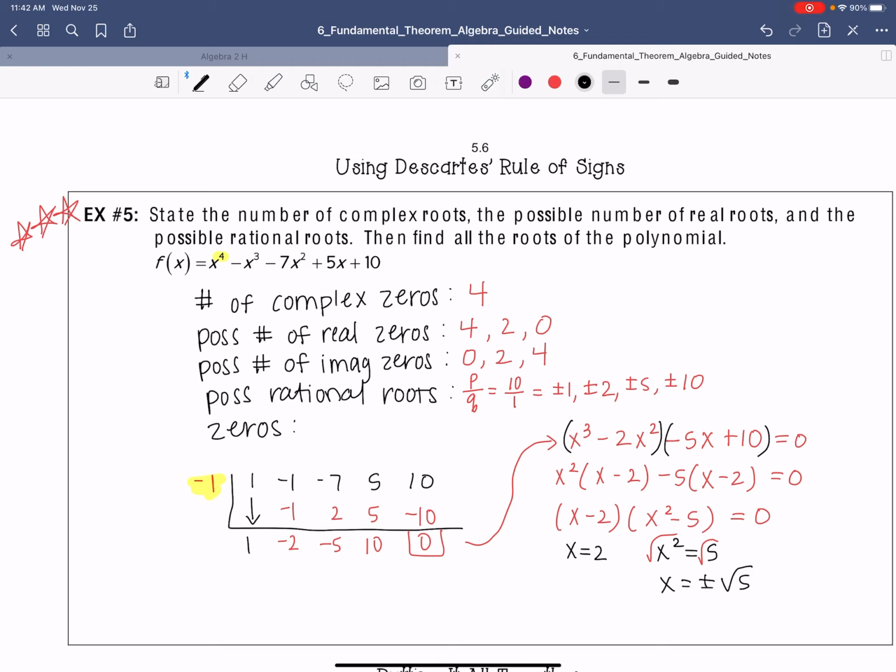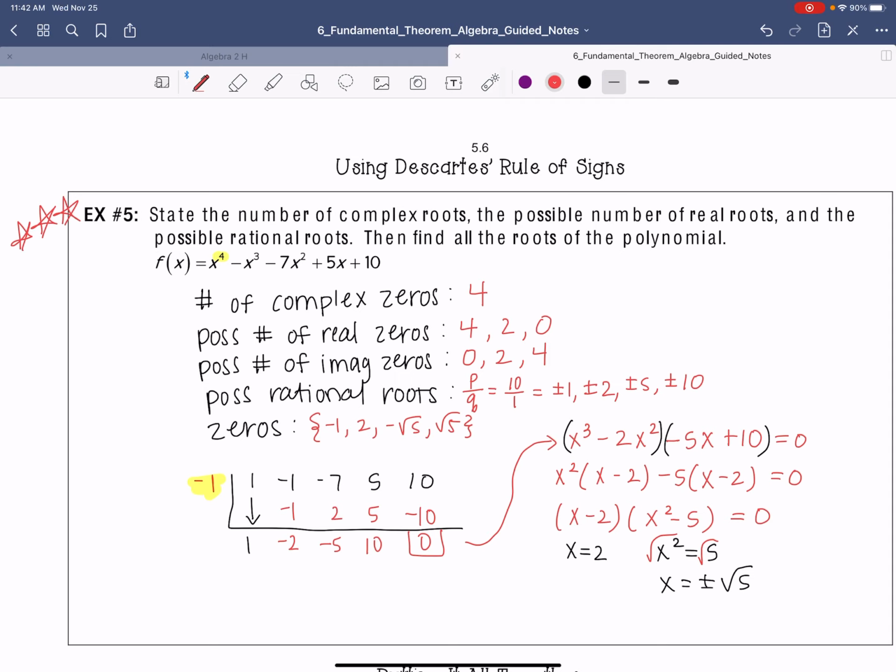So now we can go answer our question, what is all of our zeros? So our zeros would be -1, then we would have 2, negative root 5, and a positive root 5. I have 4 zeros because I have a 4th degree polynomial.